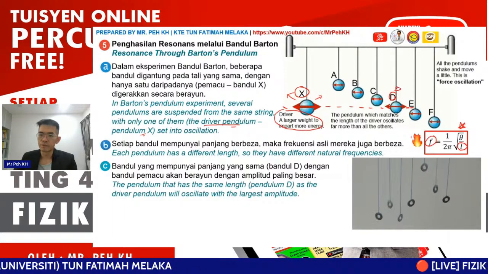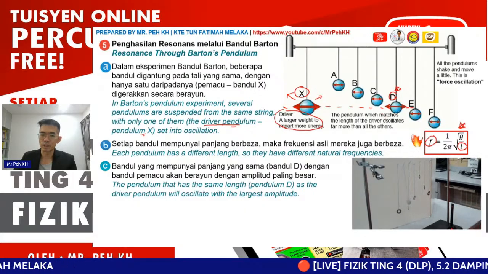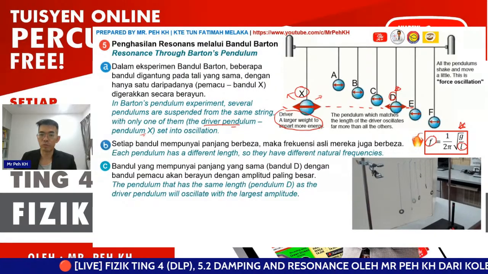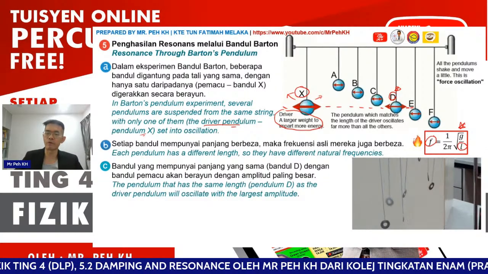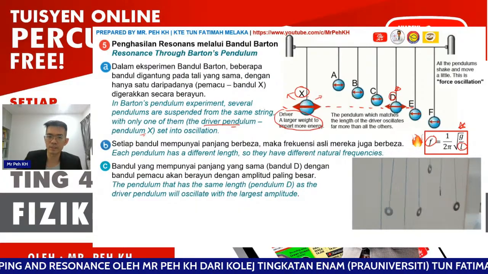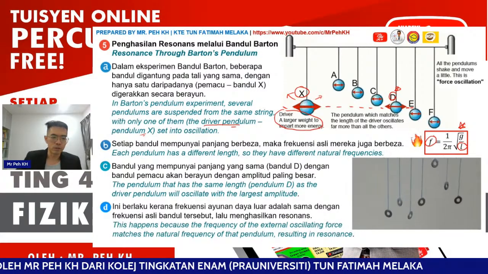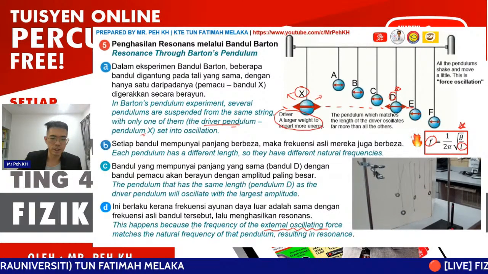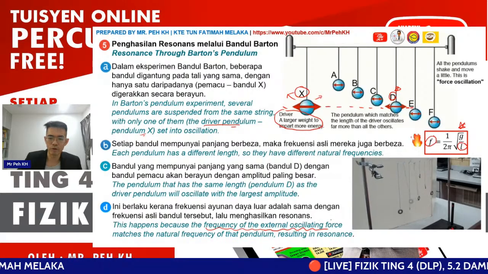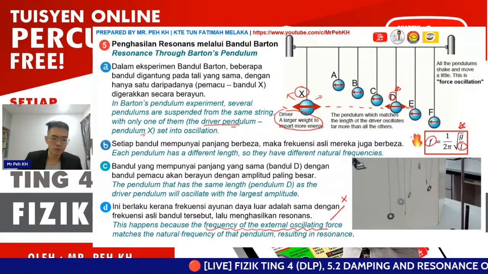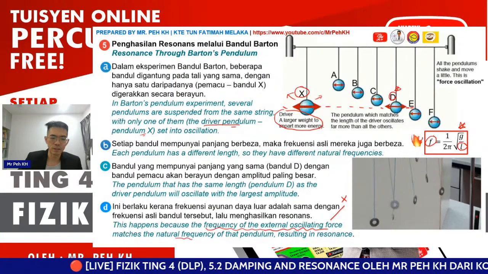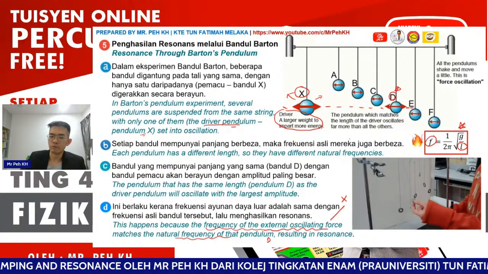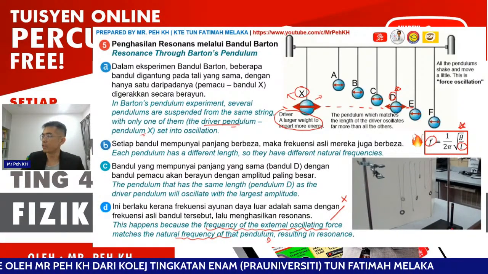However, pendulum D will have the largest amplitude because the length of pendulum D is the same as the length of pendulum X. That means the natural frequency of pendulum D is the same as X. This happens because the frequency of the external oscillating force, referring to pendulum X, matches the natural frequency of pendulum D, resulting in resonance for pendulum D here.